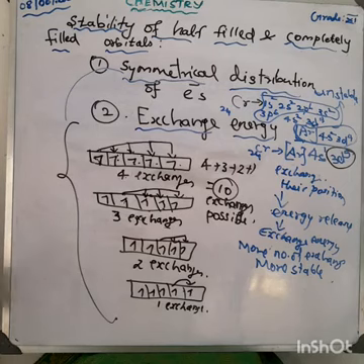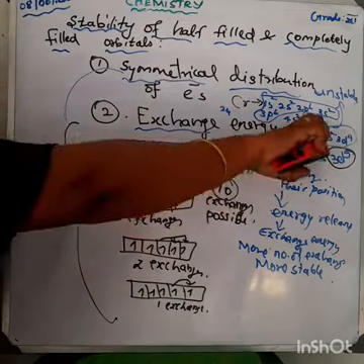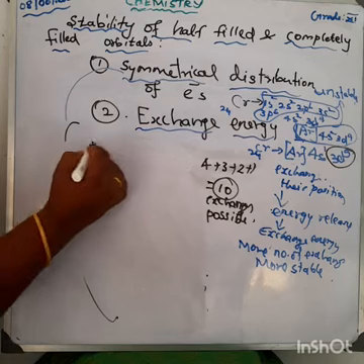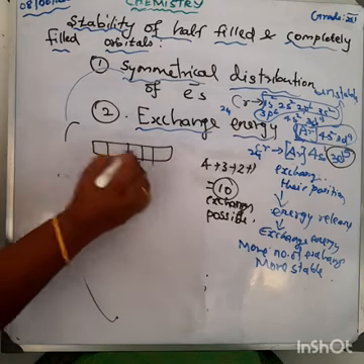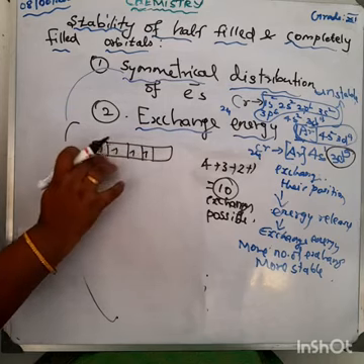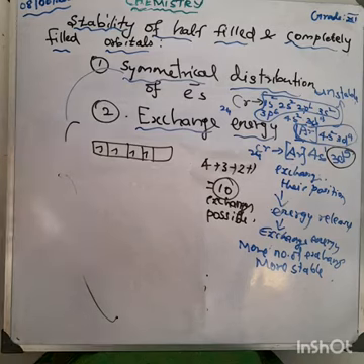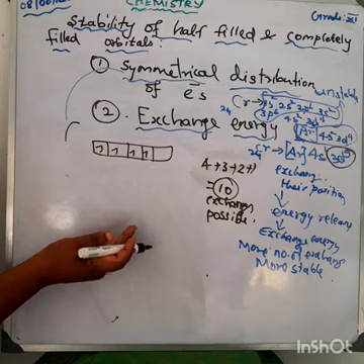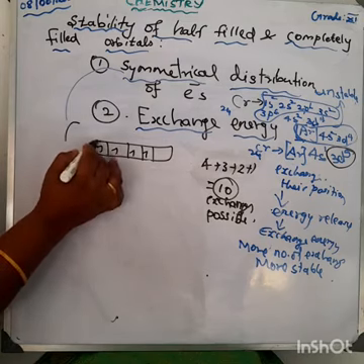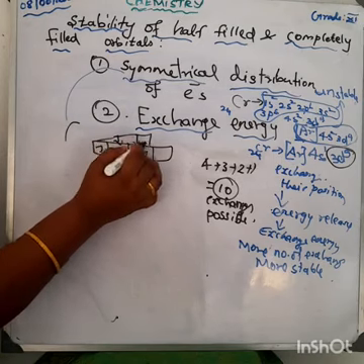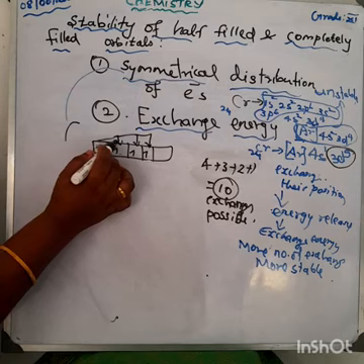Suppose I am taking the partially filled configuration, 3d4. This is the d orbital. How many electrons are there? Totally 4 electrons in the d orbital. This is not equally distributed, so it is not stable. How many exchanges are possible here? Consider this electron: it can exchange its position with here, here or here, so 3 exchanges.